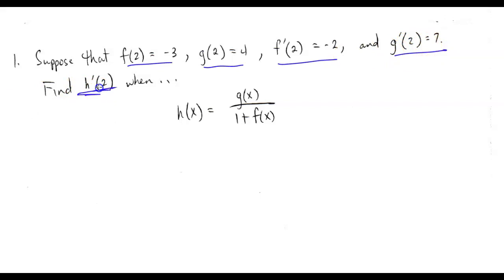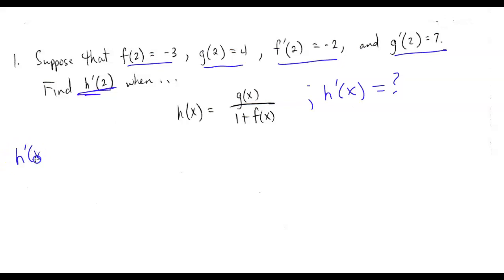So the first thing that we need to do is actually just find out what h prime of x is. And since we have the quotient of two functions, we'll need to use the quotient rule to be able to do that.